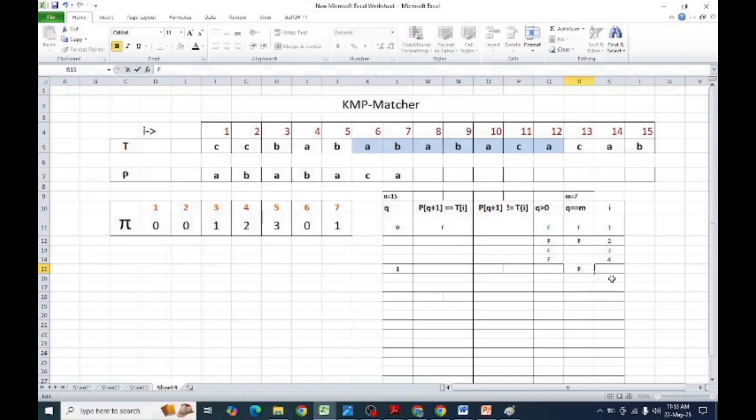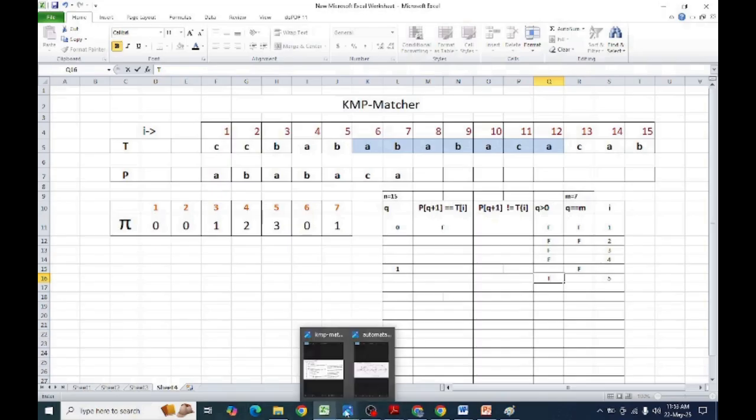i is equal to 5, this time q is greater than 0, this condition is true.